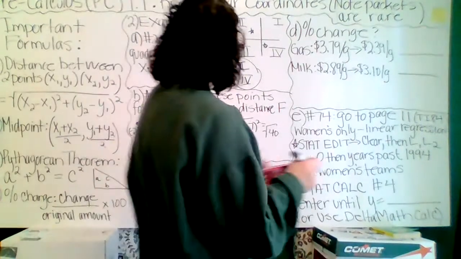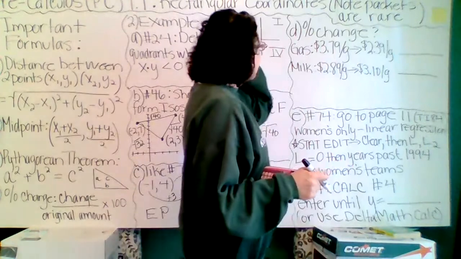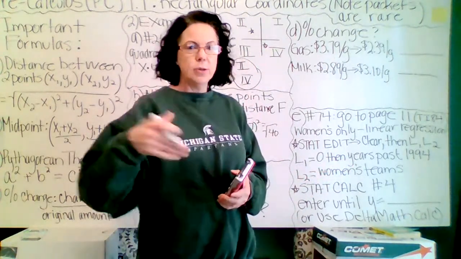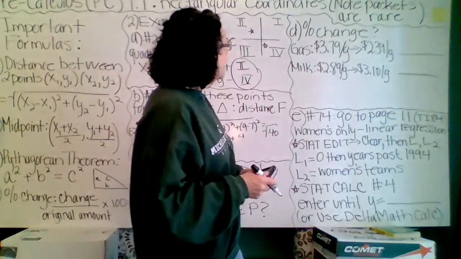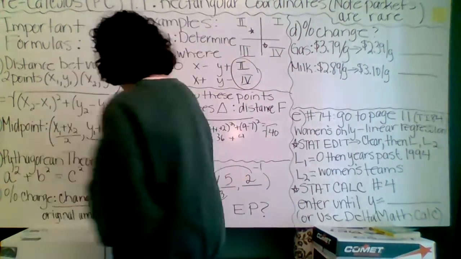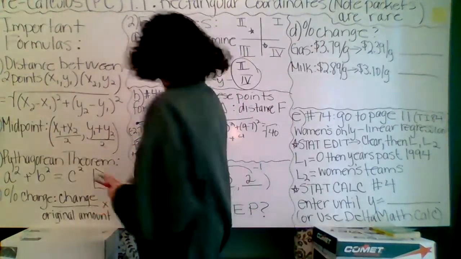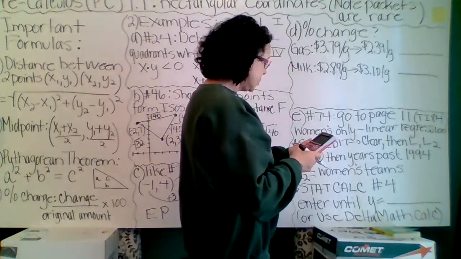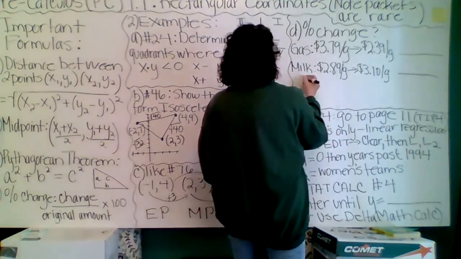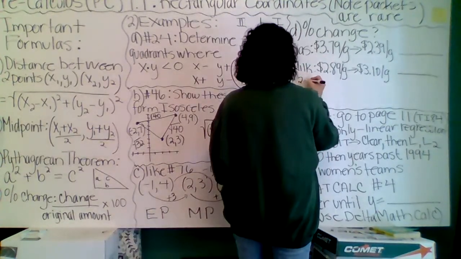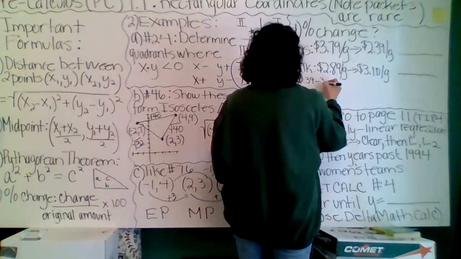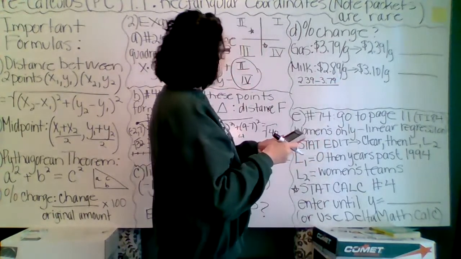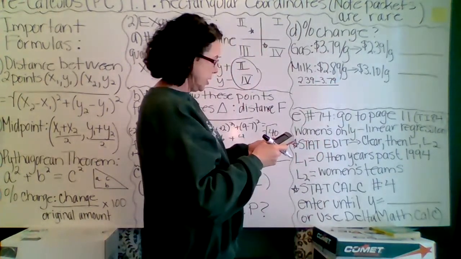All right. So let's say that gas was originally $3.79 per gallon and it went down to $2.39 per gallon. That is what has happened in the last few years. So the first thing we need to do in our formula is find the actual change, right? So the change was, I'll find the difference between $3.79 and $2.39.